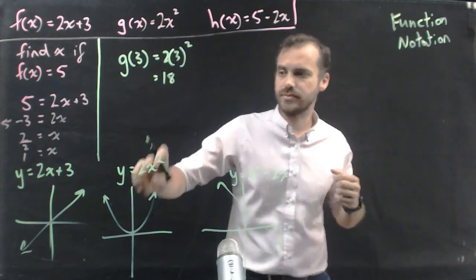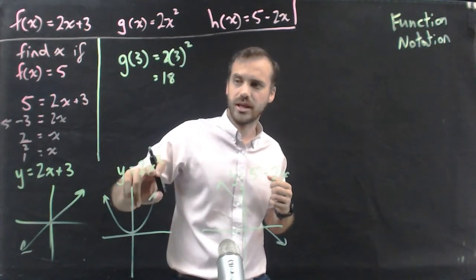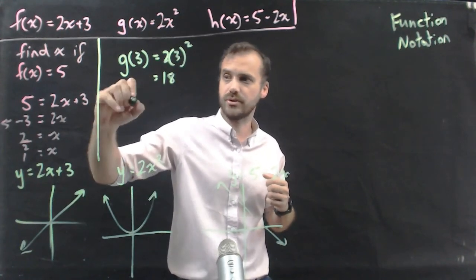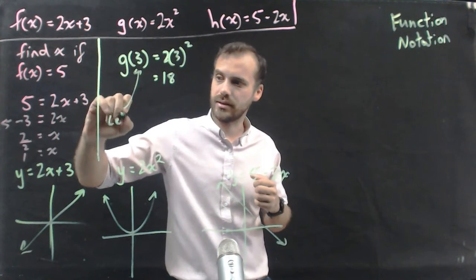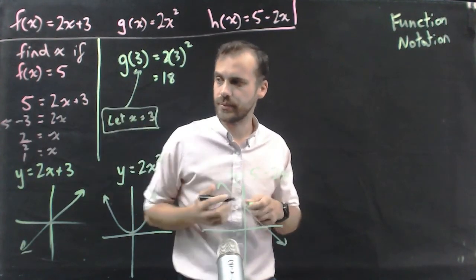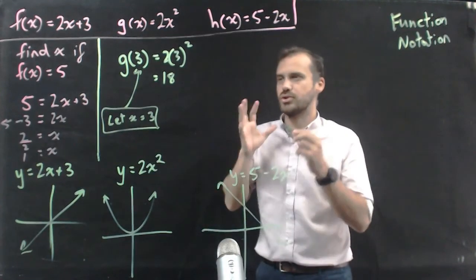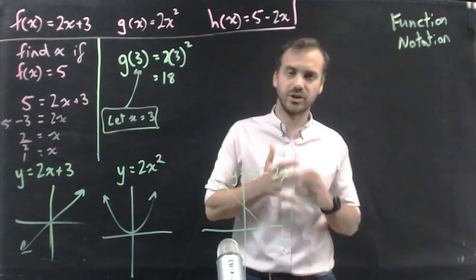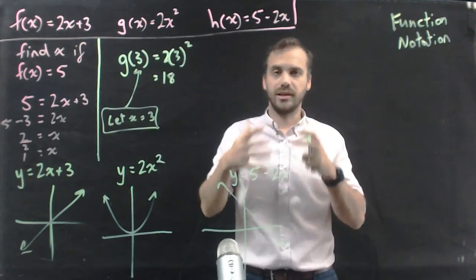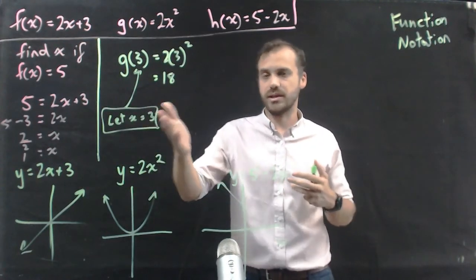Really what this is, is the y value if x is equal to 3. Let x equal 3. Okay, there's two ways to use function notation. How to say let y equal 5 or let x equal 3.